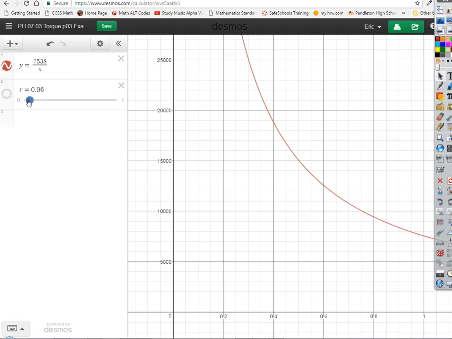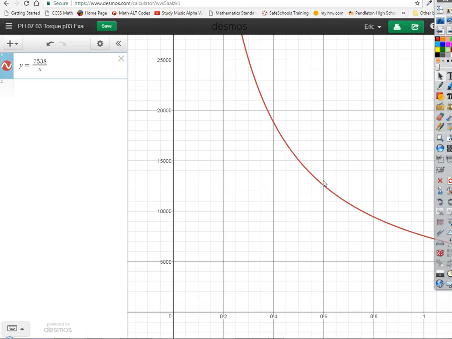Is that even doing anything? Oh, no, it's not. Anyway, it doesn't matter. But look here, I don't need it to, because look at these points on the graph. These are measuring, X is my radius, and Y is force.